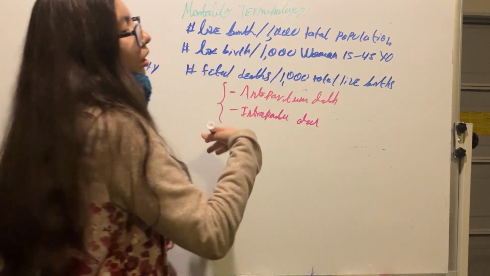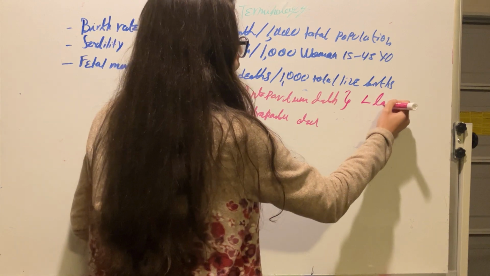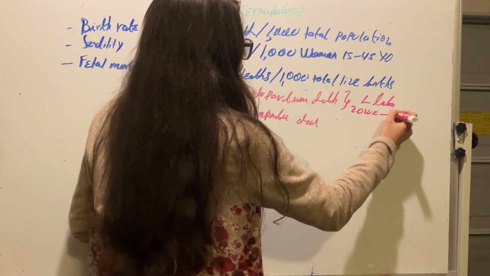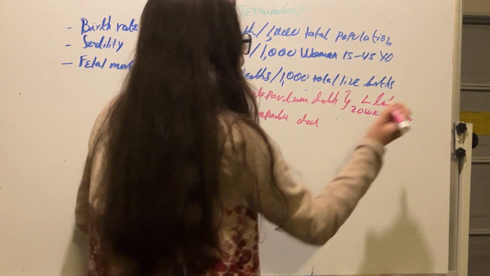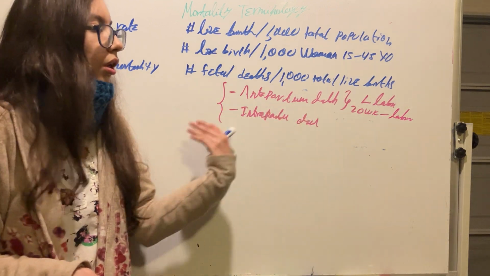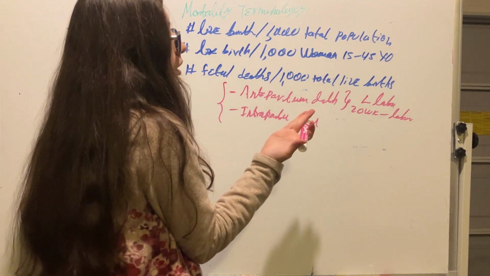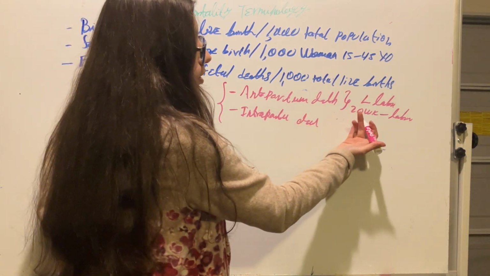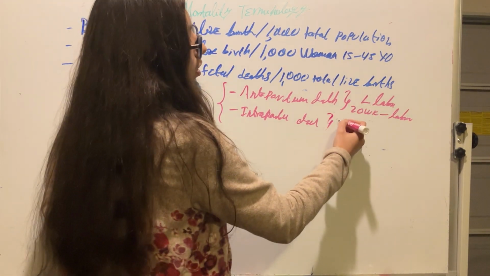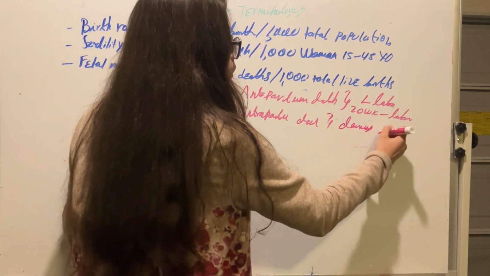So antepartum is death of the fetus before labor, exactly between 20 weeks of gestation and before labor, because remember that abortus is loss of a fetus before 20 weeks. So antepartum death is between 20 weeks and before labor starts. Intrapartum death is death of the fetus during labor.